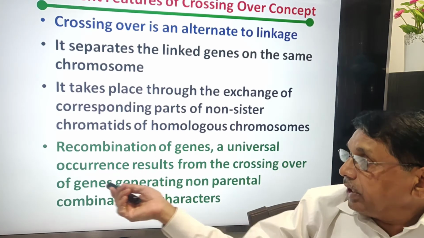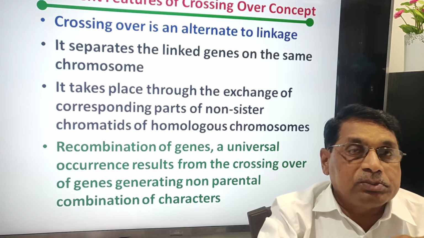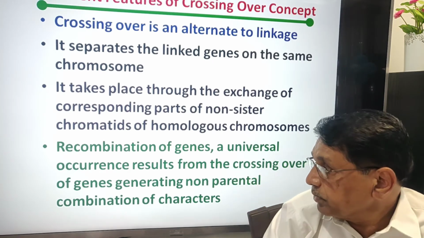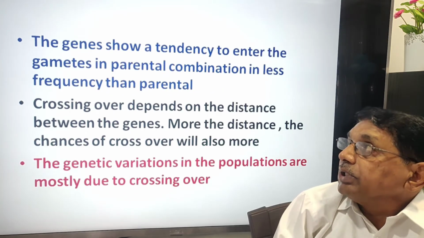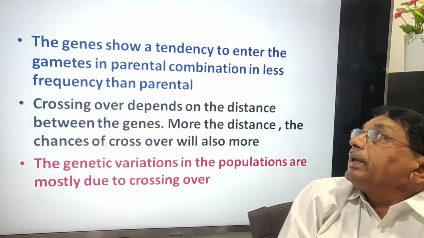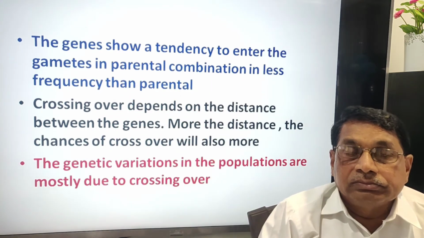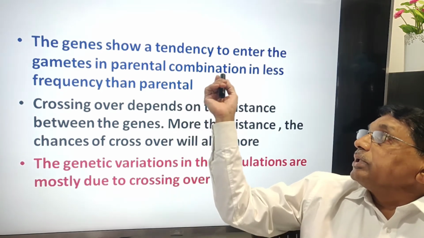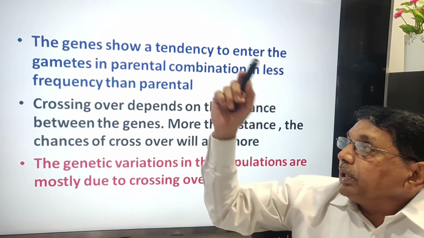Recombination of genes, a universal occurrence. It has been observed in almost all the species of plants, animals, microorganisms. The genes show a tendency to enter the gametes in combinations, with higher frequency than parental.